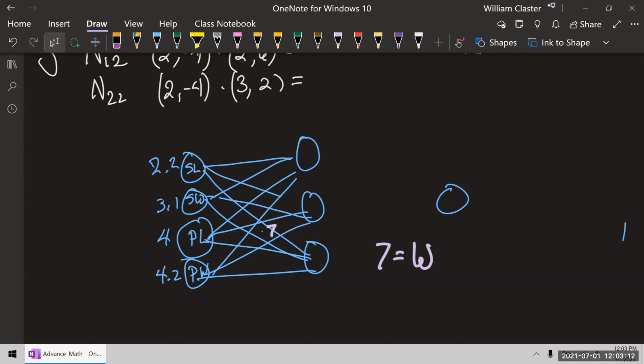What are the indices for the weight? 3 and 1. 3 and 1. Yes. Yeah, but which? Almost, but not quite. I wouldn't have said it that way.